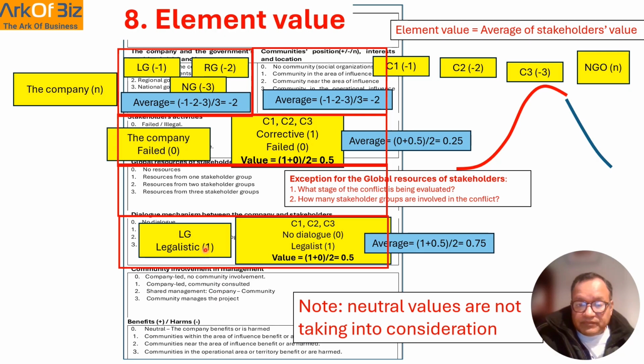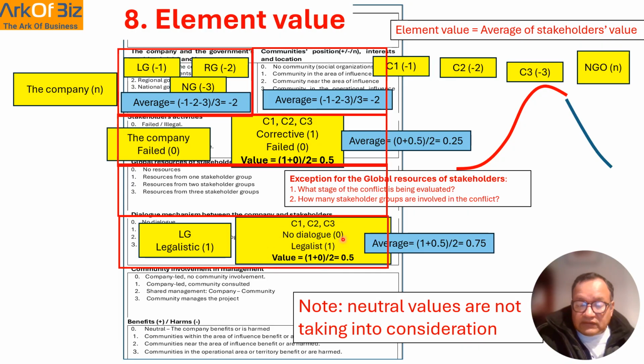Here we have the dialogue mechanism with the local government. They have a legalistic mechanism, value 1. But the communities have two types of dialogue. No dialogue at the beginning, 0 value, and maybe after that, only legalistic, value 1.